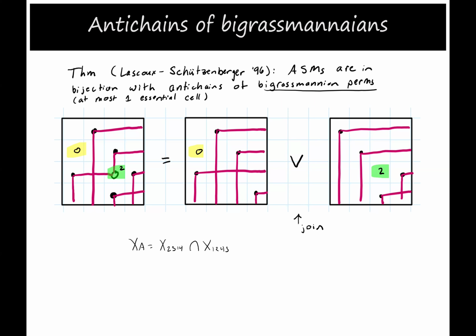And that means that everything can be uniquely realized as an antichain of bigrassmannians. And so to get the correct antichain, you just look for the bigrassmannians that have the essential box at the same position, and they match the rank of the corner sum at that position. So this one has 2 different bigrassmannians in this thing. And it turns out the join operation on the poset is the same as intersection of the varieties.